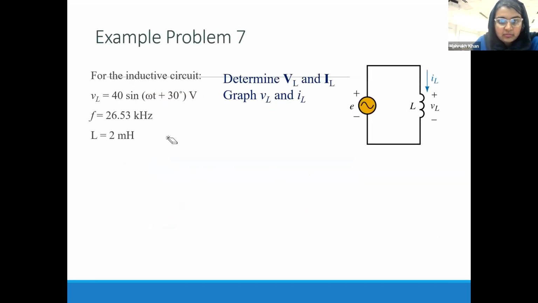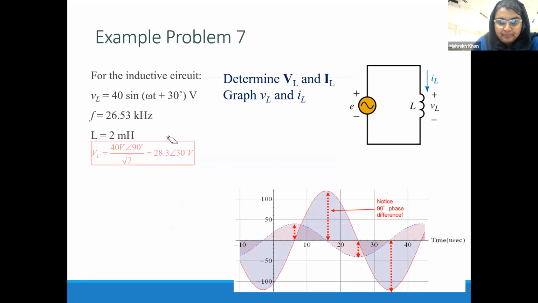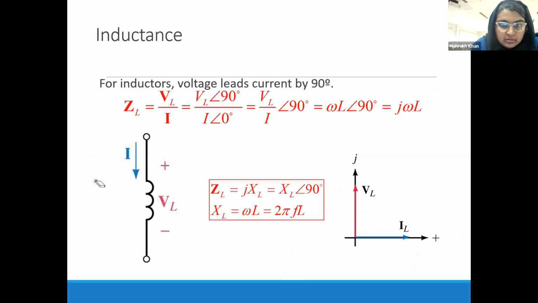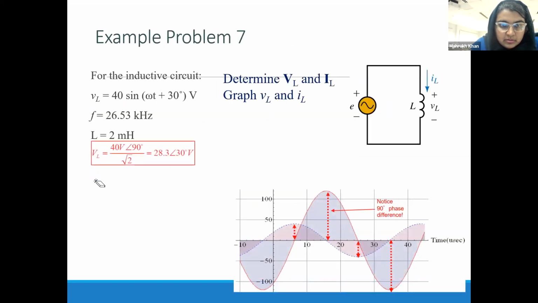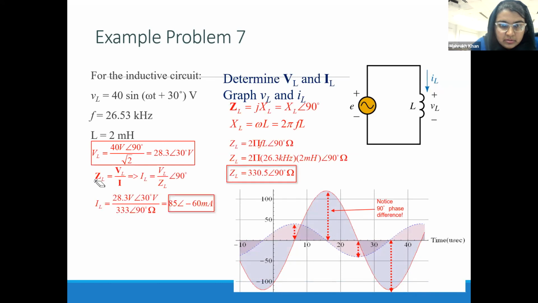Okay, so here they have given you VL with the frequency and L, and they are asking to calculate VL. VL is 40 volts at 30 degrees. This should not be 90 here. This should be 30 degrees. That is VL, so that is 28.330 volts.